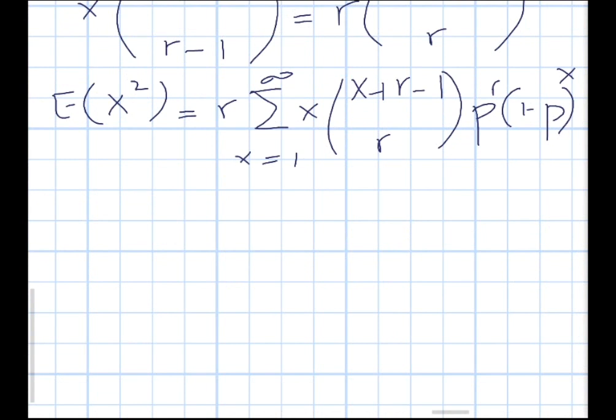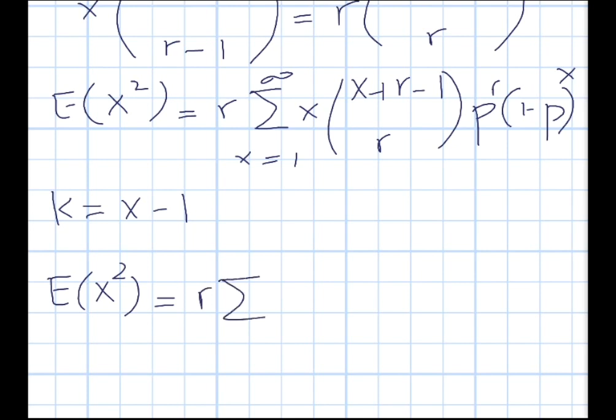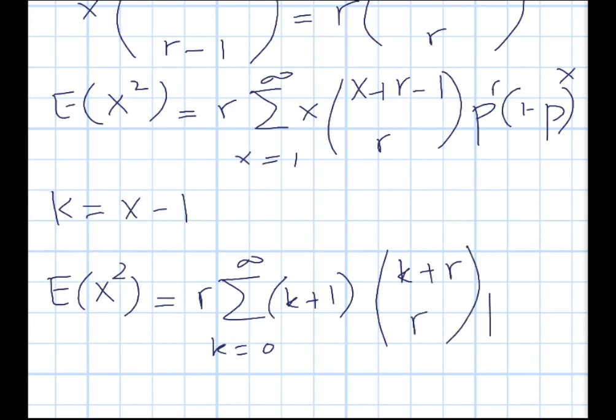Now let's make a change of variable here. We say k is equal to x minus 1. So the expectation of x squared is equal to r times the sum from k equals 0 to infinity of (k plus 1) times (k plus r choose r) p to the r (1 minus p) to the k plus 1.